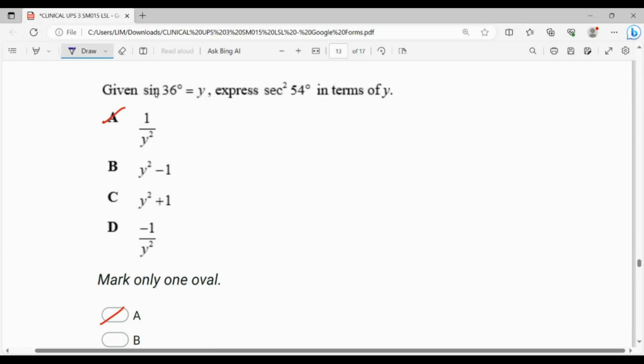Given that sine 36 is y, how do we read here? If this angle is 36, this is a right angle triangle, so the other angle here will be 90 minus 36, which is 54. Sine stands for opposite over hypotenuse, so opposite is y, hypotenuse is 1.